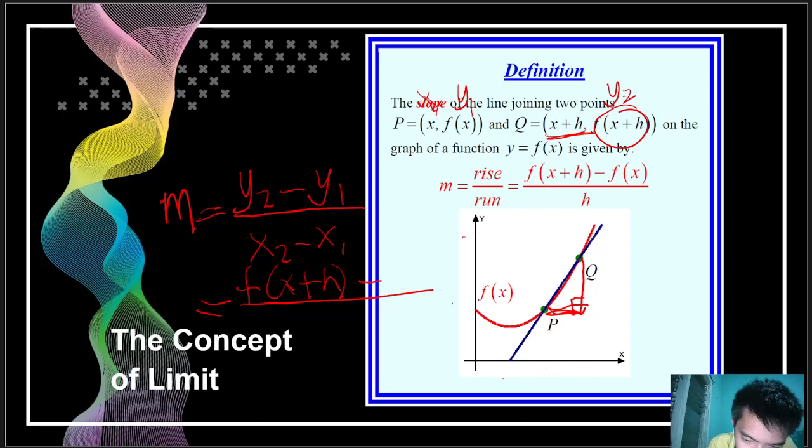Correspondingly, this is x sub 1 and x sub 2. So your y sub 2 minus y sub 1 is f of x plus h minus f of x, over the difference of x, which is x plus h minus x, and x minus x is 0, so we have the remaining h.